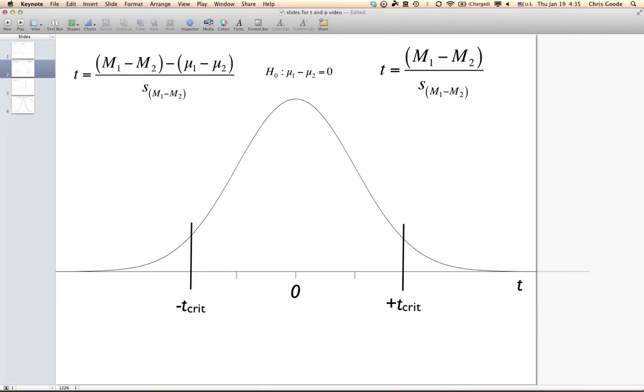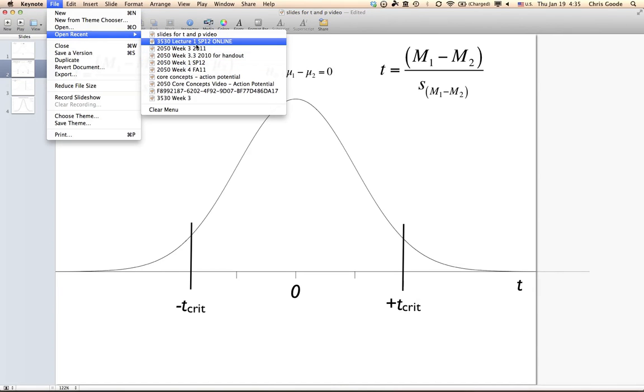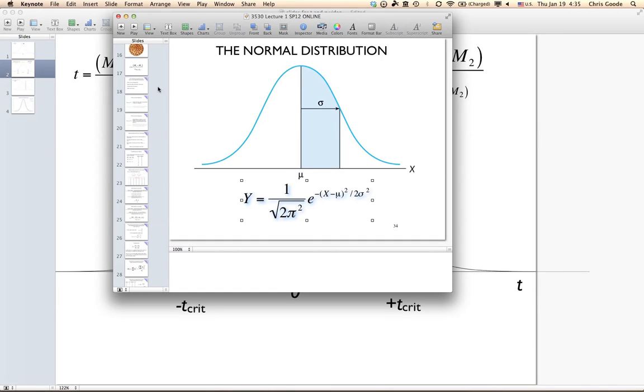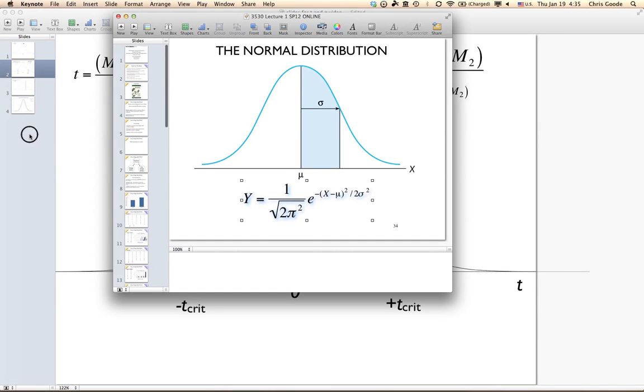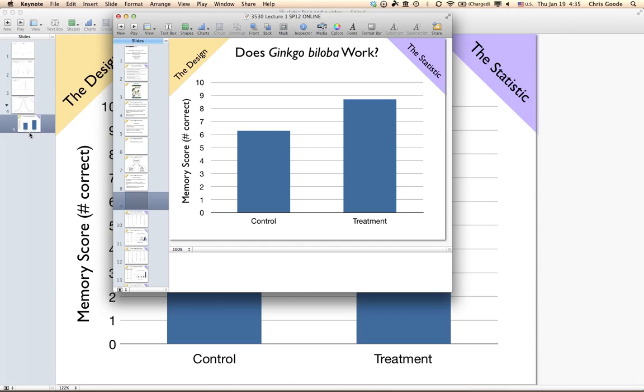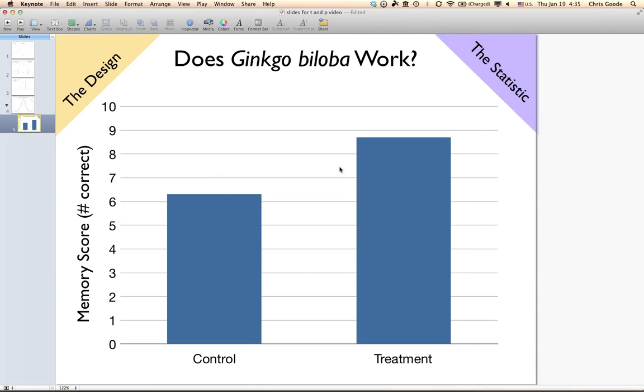If we go back to our in-class example that we've been using, which is this test to see whether ginkgo actually works or not, I'm just going to grab that slide really quick and flip back to it. We're looking at the difference between the average memory score of people who took ginkgo and the average memory score of people who took a placebo.